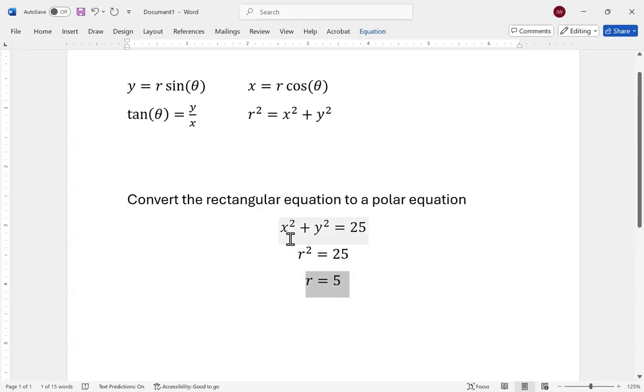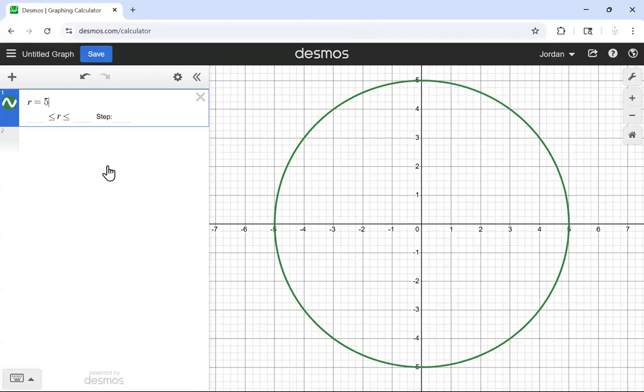Notice that x squared plus y squared equals 25 is a circle of radius 5. A circle of radius 5 in polar equations is just r equals 5. By the way, in Desmos, you can graph polar equations by just using r.